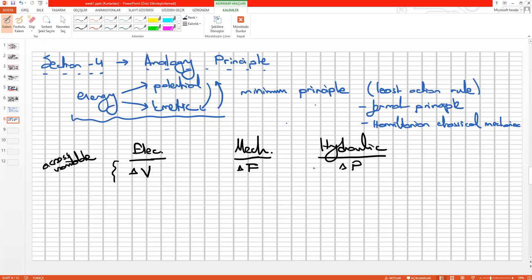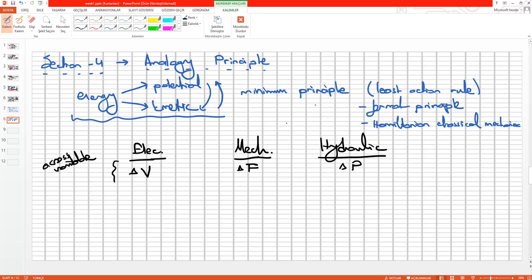Or in electrical circuitry, you always define a ground to what? To detect what is the main voltage or the voltage difference applied on the system. The mechanics cannot easily be analyzed by these terms, but in electronics you can easily see that, okay? But in the mechanics the same rule is applied, okay?